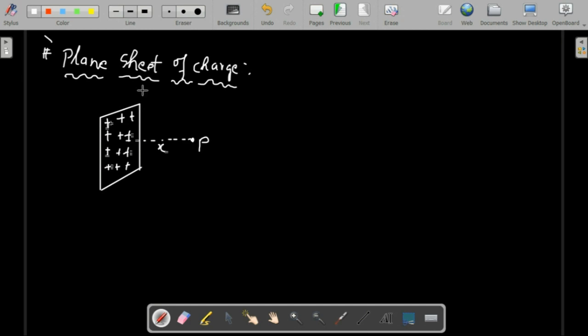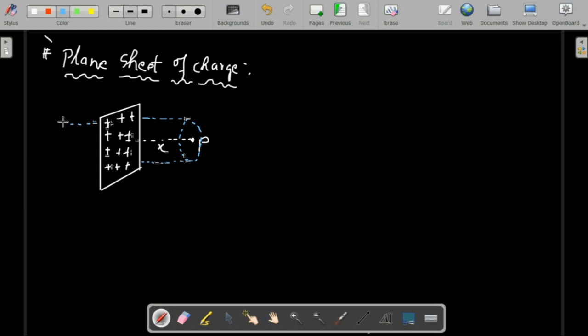Now here also we actually have to construct a Gaussian surface around this plane sheet of charge, which is more or less symmetrical in nature. You can do different kinds of structure. You can actually draw a big cube, but a more convenient one would be to draw a cylinder. So let's draw a cylinder around this plane sheet of charge.